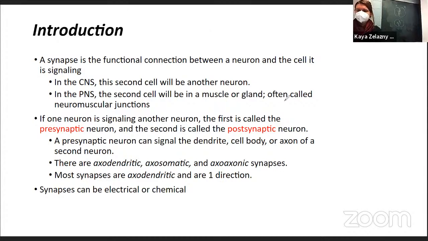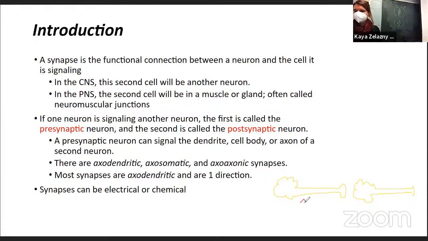So when we're thinking about these neuron-to-neuron connections, right now I'm just going to draw one axon terminal like this. This button I'm drawing, consider that an axon terminal. So if we have two neurons like this, we have a presynaptic neuron.